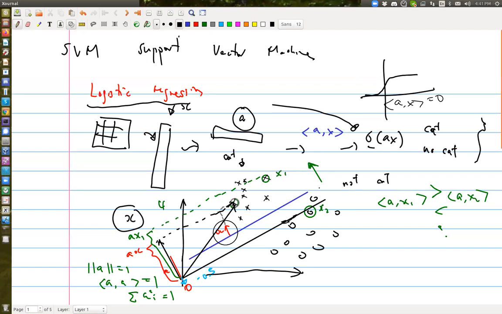Instead, I probably want to take the threshold, maybe here, where AX equals 1. So I have a simple classifier: if AX is bigger than 1, then I classify as cat, and if it's less than 1, it is classified as not a cat.